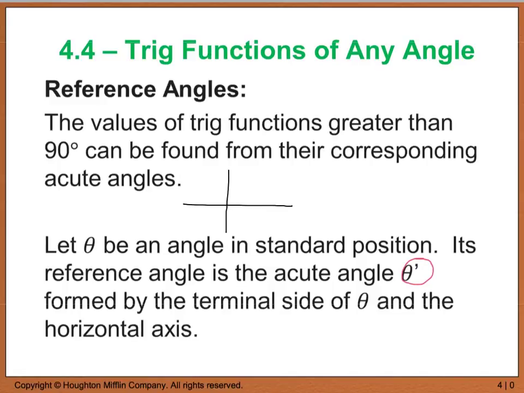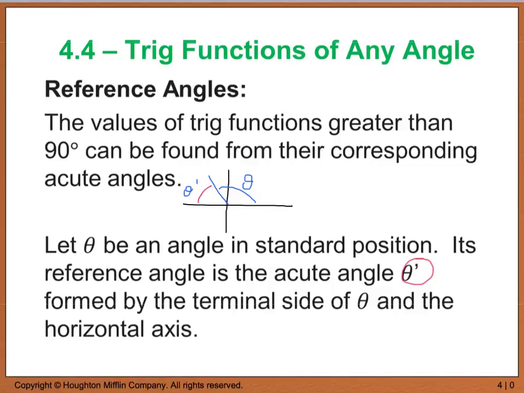So just to give you an idea, if we look at this axis here, and we're looking at theta right here, my reference angle, or theta prime, is going to be the difference from pi to that terminal side of the angle. So I would go pi minus theta would give me theta prime.